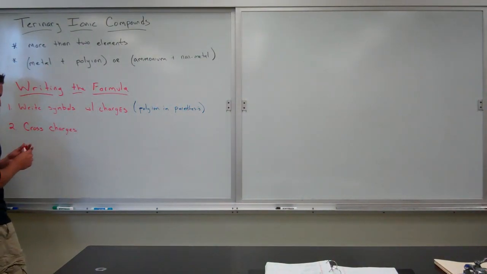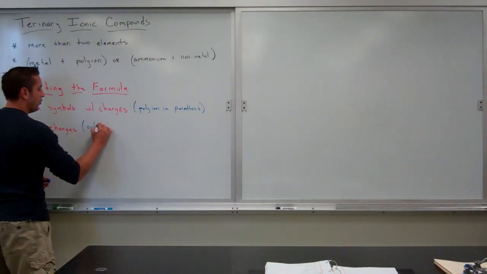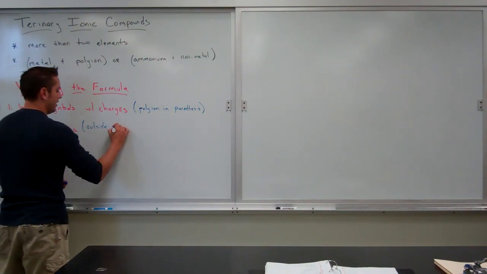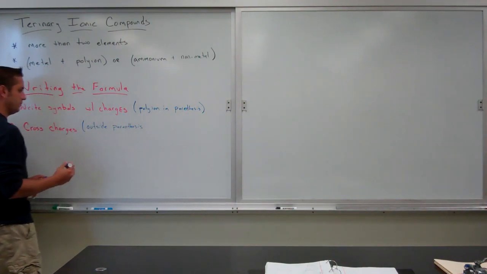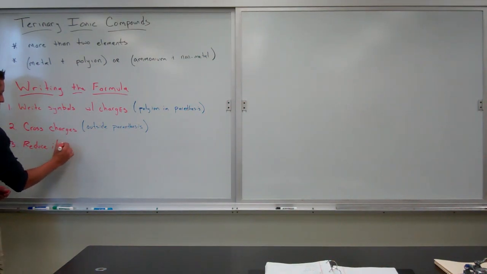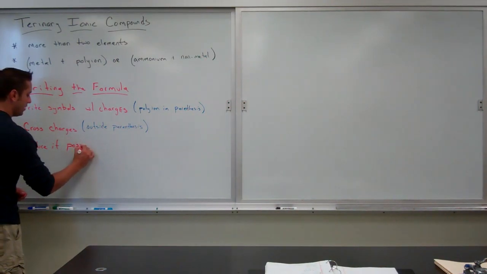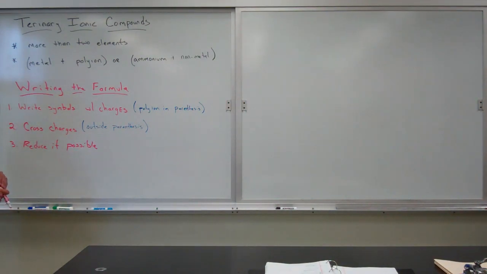Another reminder here is that you cross the charges outside the parentheses. Step 3 is to reduce if possible. So we'll reduce if possible.